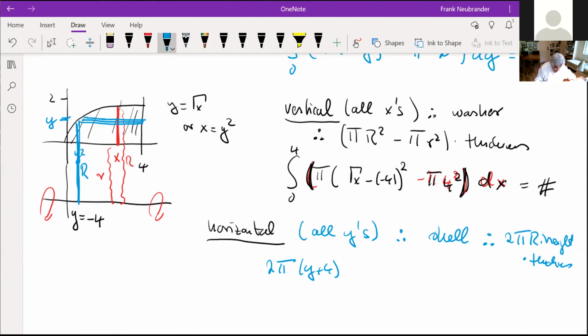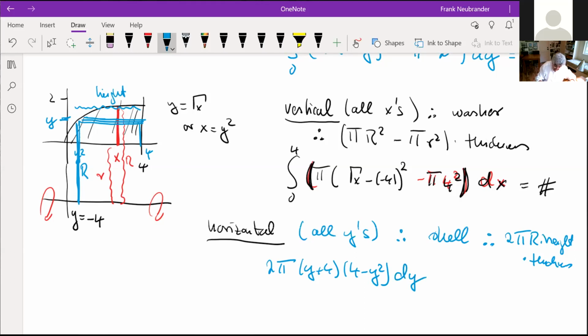The height is from here to there. That is the height of the shell. It's the right minus the left. The right is 4. The left is y squared, so it's 4 minus y squared.